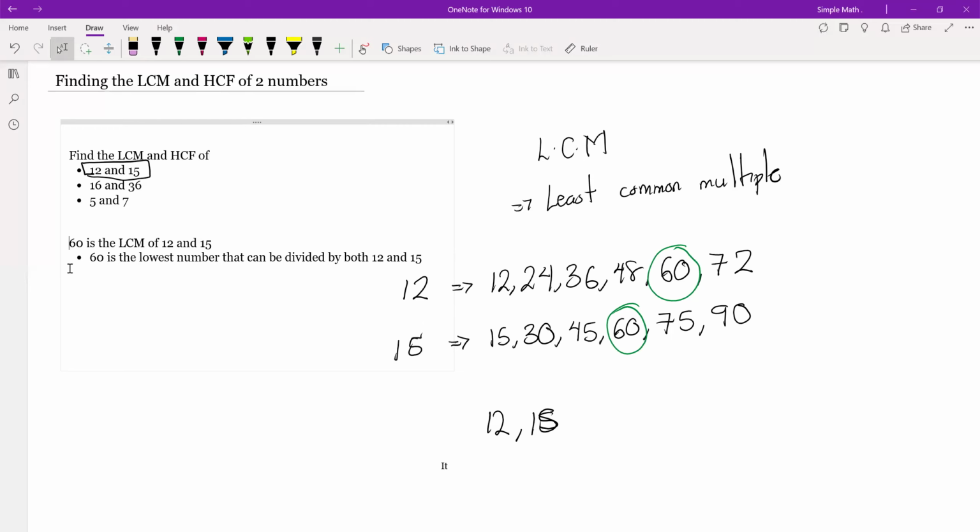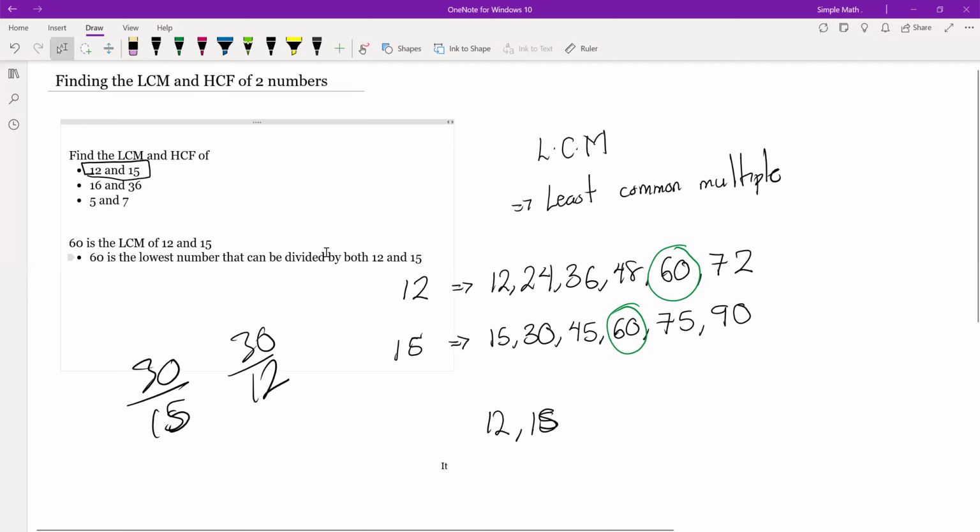Anything lower than 60 cannot be divided by both of them. 30 can be divided by 15, but it cannot be divided by 12 completely. Let me use that word, completely, meaning only whole numbers.